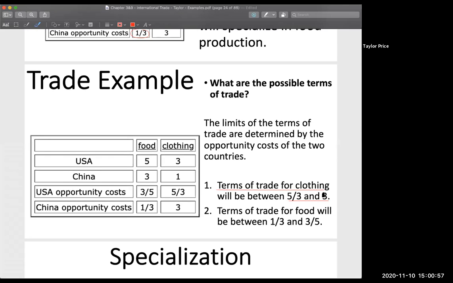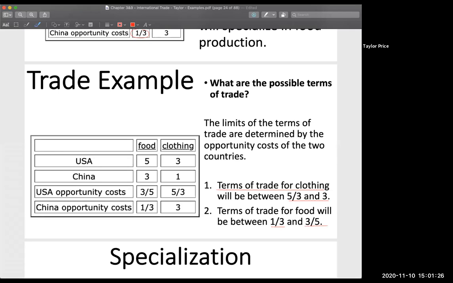And the same is true for food. It's going to have to be between 1/3 and 3/5. As long as the terms of trade between the countries are between these two items, then both countries are going to benefit.